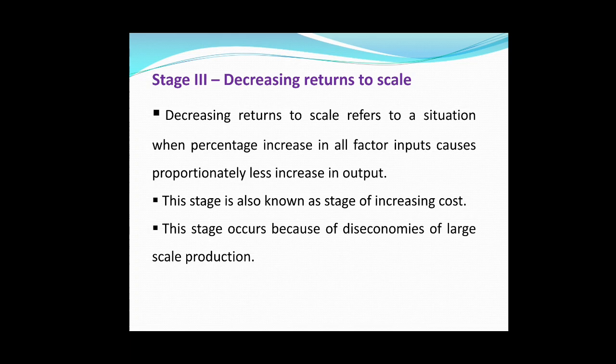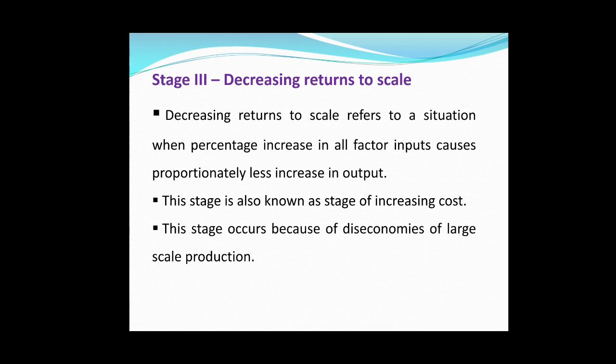Dear students, this decreasing returns to scale occurs if the firm keeps on increasing the inputs even after the stage of optimum, or we can say maximum capacity. This stage is also known as the stage of increasing cost. That is, in this stage, average cost or the cost per unit produced starts rising, which occurs because of diseconomies of large scale production.